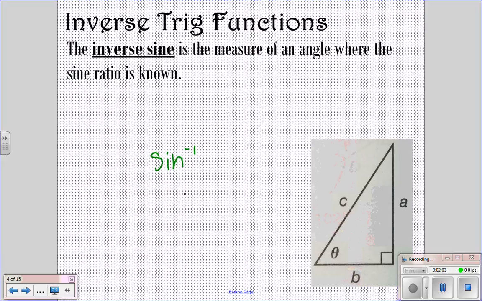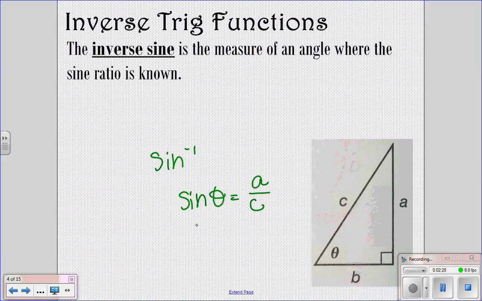Okay, and so we know the sine of angle theta is A over C because it's opposite over hypotenuse. And so then to solve for our angle, if we know what our A and C are, we'll just use A and C, but they're 2 numbers.